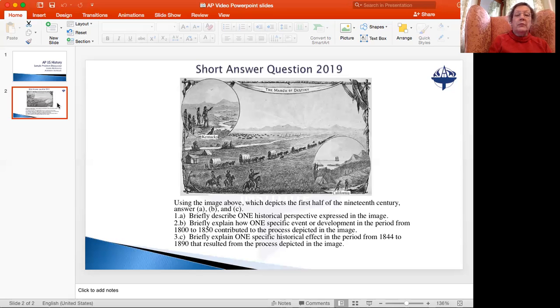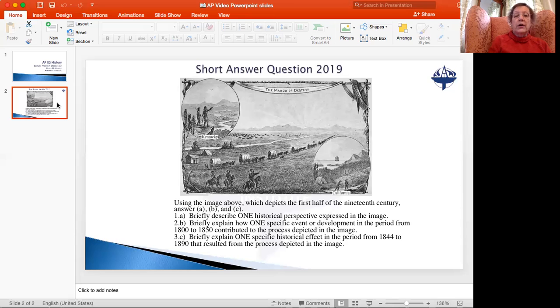So possibly a historical perspective could be the idea of manifest destiny, explaining how this was tied to Western expansion and presented a positive image for settlers and for the country at large.